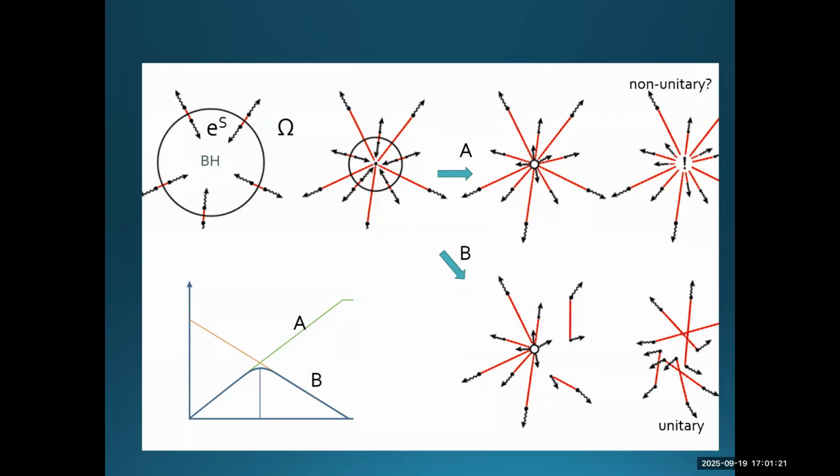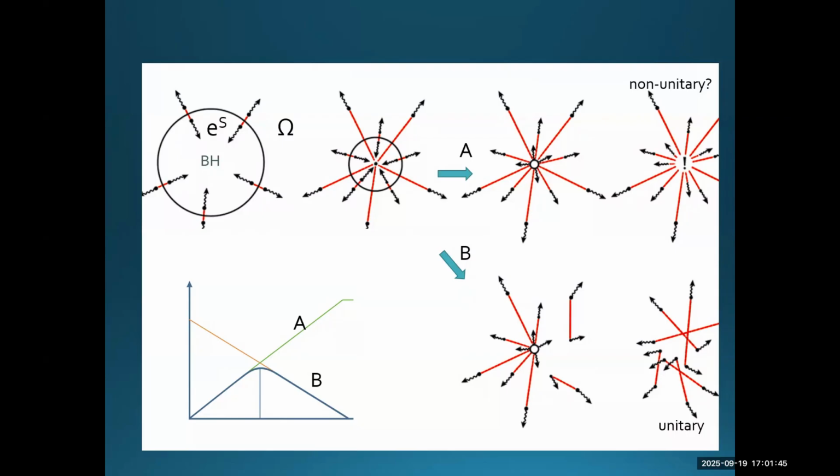A assumes that in this case, Hawking radiation is entangled with the internal state of the black hole, and at the last time there is nothing left, so it's puzzling at this point.